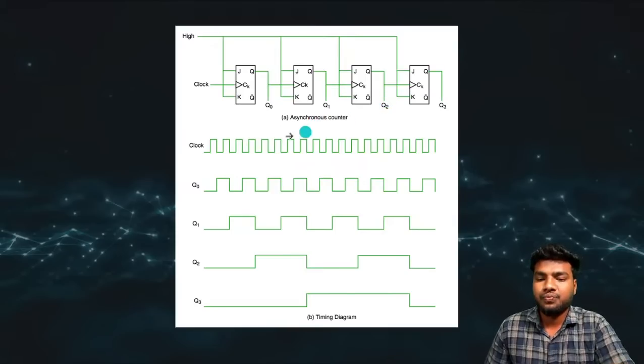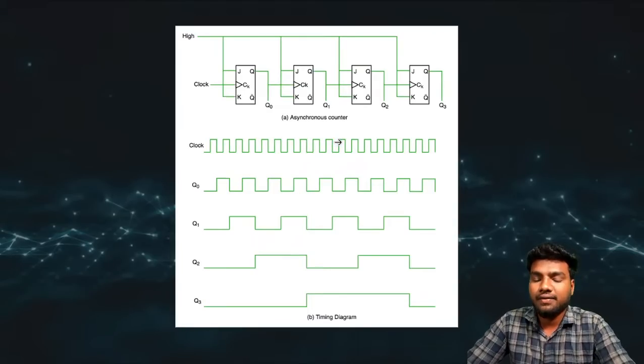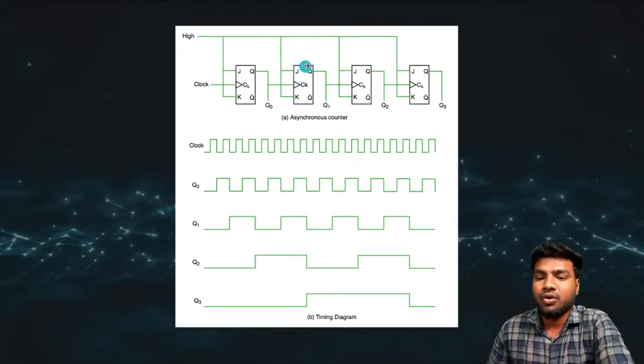Using this asynchronous counter has one disadvantage. If you want to operate the second bit's flip-flop, you have to wait for the previous flip-flop's output.